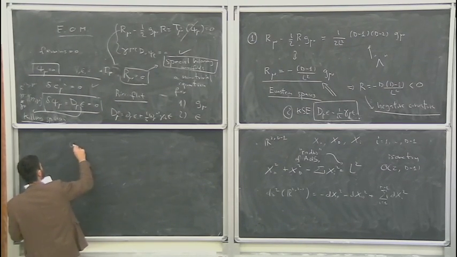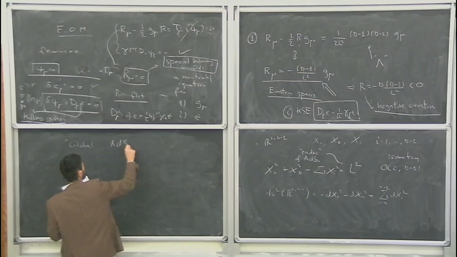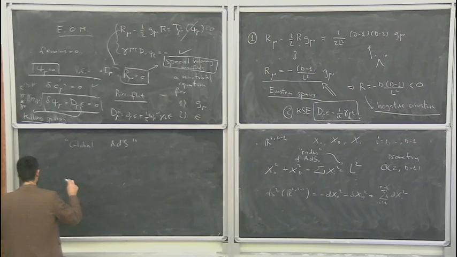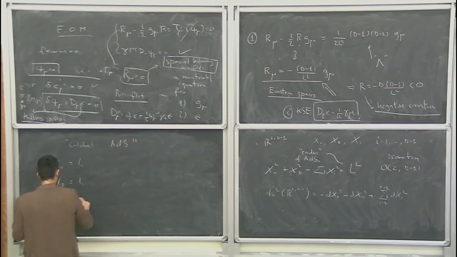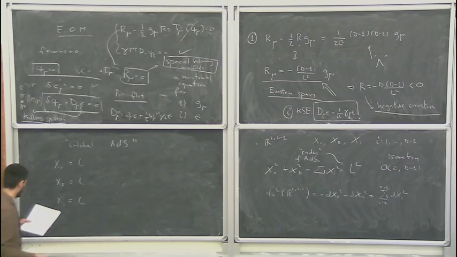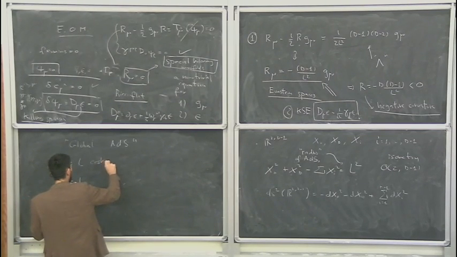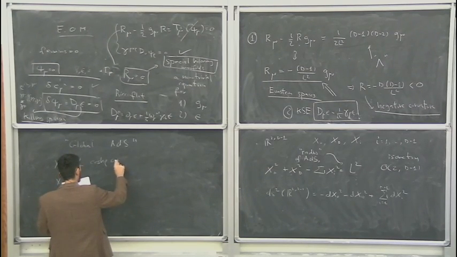also some other ones. So one is called global coordinates, and this is called global anti-de Sitter. And the way to solve the embedding equation is to introduce d coordinates as follows. So this is very similar to the polar coordinates. So all of them proportional to L, and then one of the temporal directions gets multiplied by cosh of coordinate rho, cos tau.